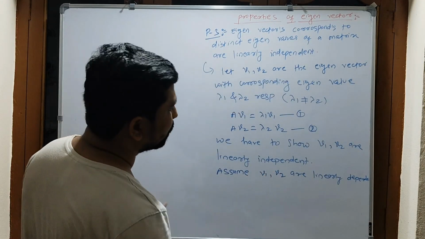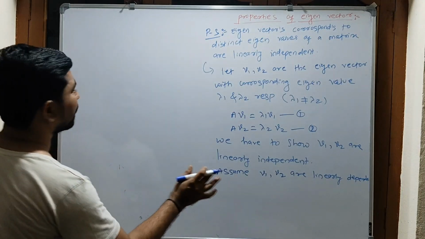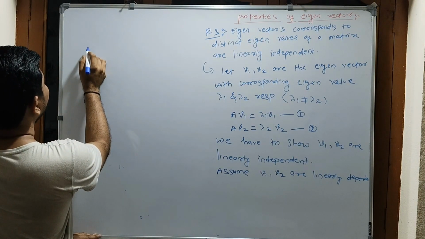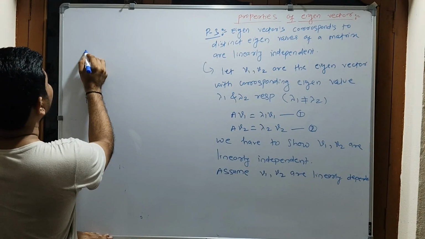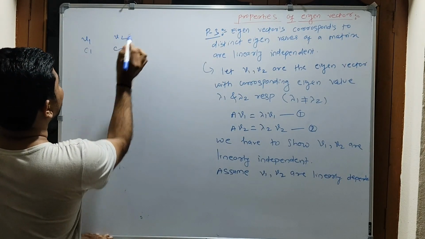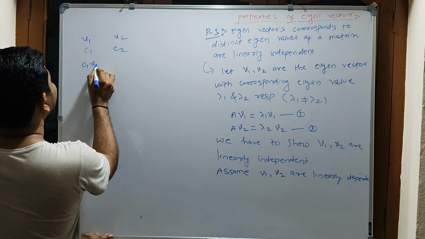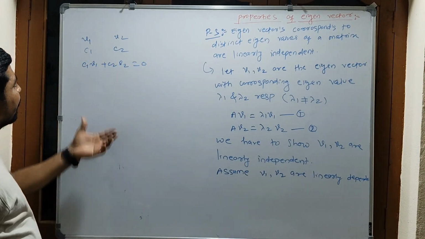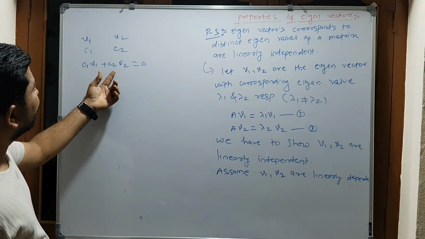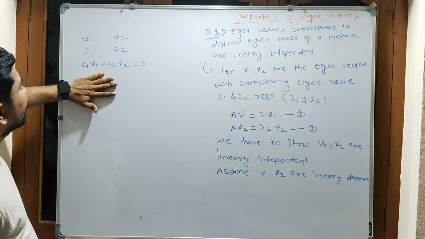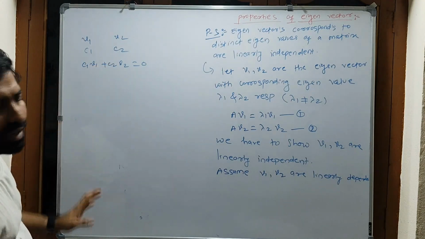If v1 and v2 are linearly dependent, I will quickly explain what that means. Here c1, c2 are scalars, and v1 and v2 are vectors, with c1 v1 plus c2 v2 equal to 0, where at least c1 is non-zero or c2 is non-zero, or both are non-zero. At that time we can say these two vectors are linearly dependent.